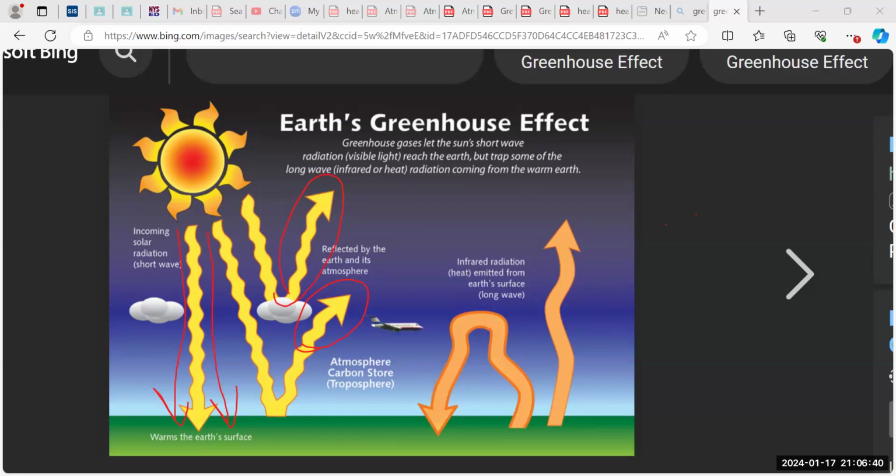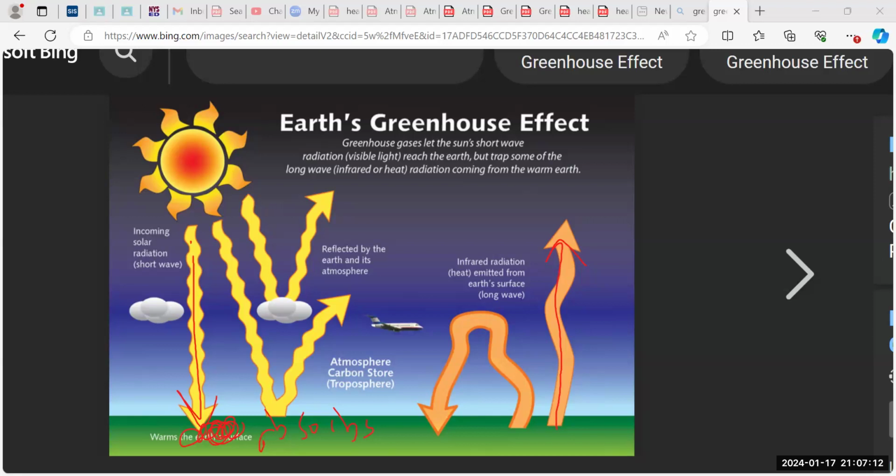What's important though, however, is that when you have energy that comes from the sun and it hits the earth's surface, the earth absorbs that energy, all right? The earth absorbs that energy on the ground. After it absorbs that energy, then what ends up happening, as shown here, is it releases that energy back into the atmosphere.